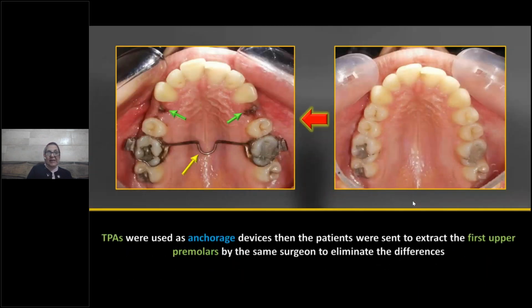TPAs were used as anchorage devices. Then the patients were sent to extract the first upper premolars by the same surgeon to eliminate the differences.